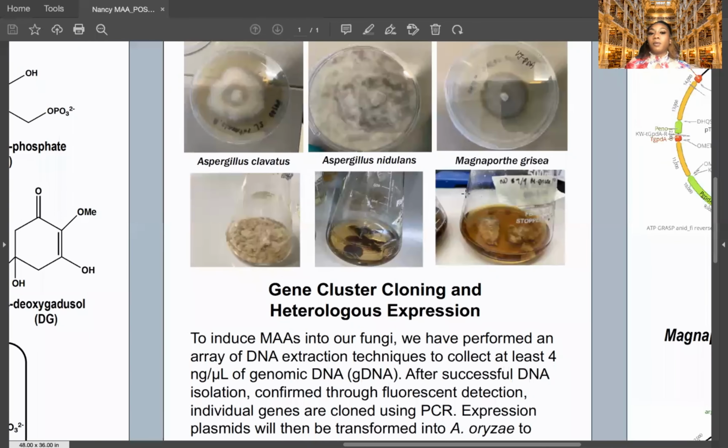However, we are still going to test to see, with the induction of our MAA-producing enzymes, if they do create these MAAs in the end.